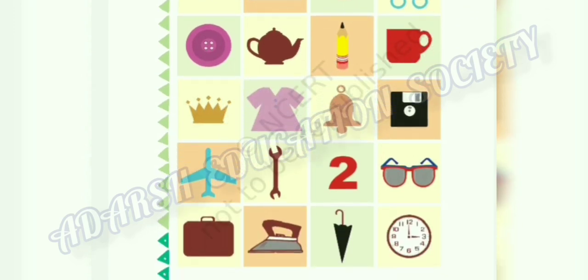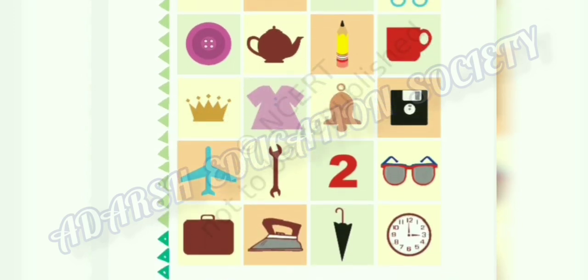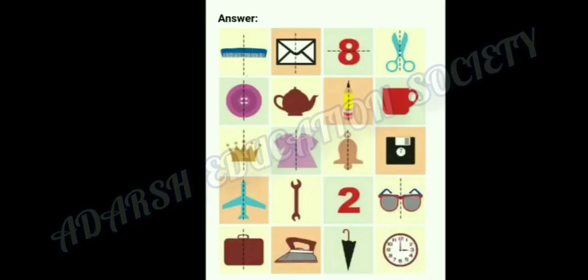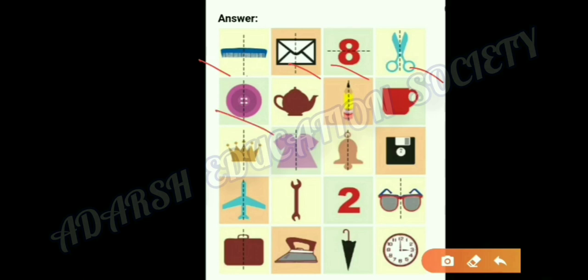Children, the rest of this exercise you have to draw a line and do yourself. Okay children? Children, here I am giving you the answer. Check your answer which you did yourself. Okay? First picture, vertical line, second vertical line, third one horizontal line, fourth one vertical line, fifth vertical line, and the kettle we can't make similar mirror halves.